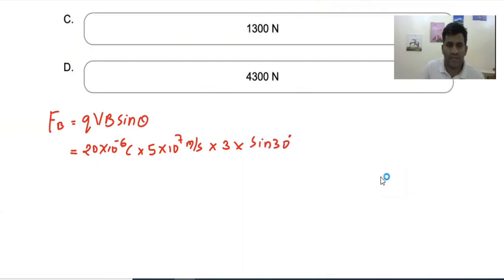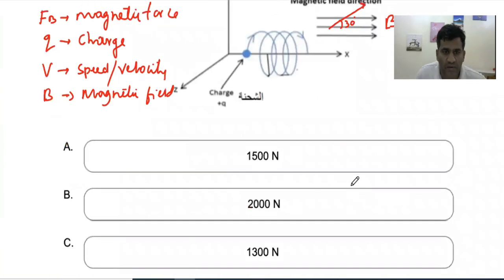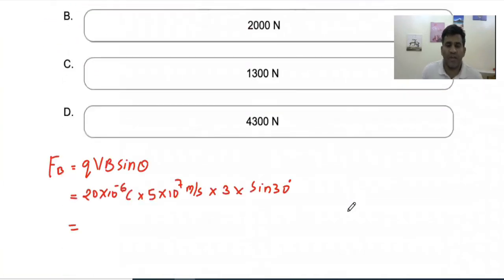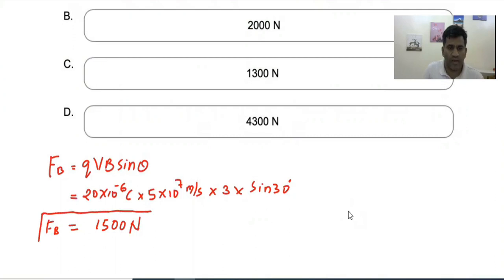If you insert these values in your calculator, you'll get 1500 as the value. So 1500 Newton, because the unit of force is Newton. This is the answer to the question they are asking.